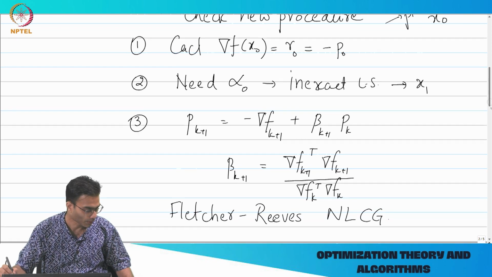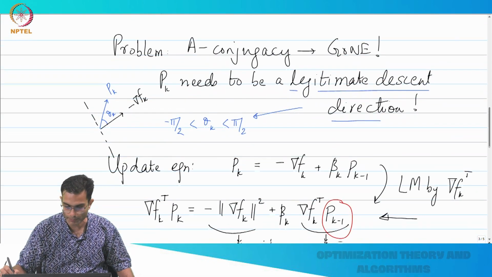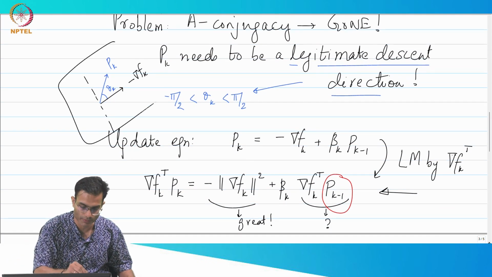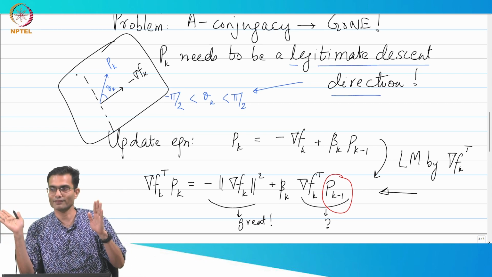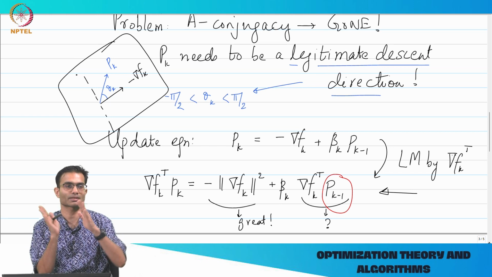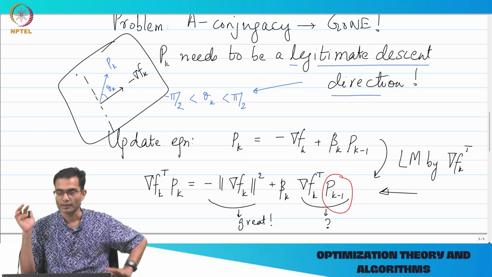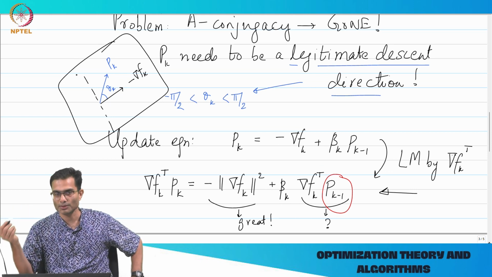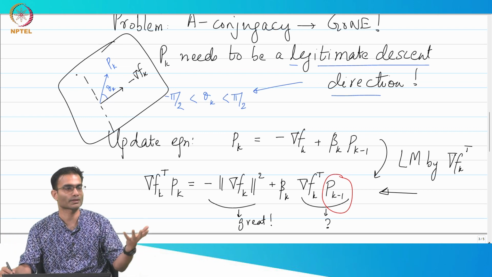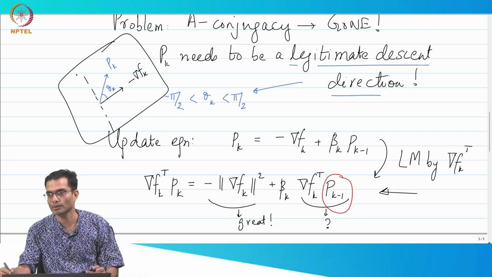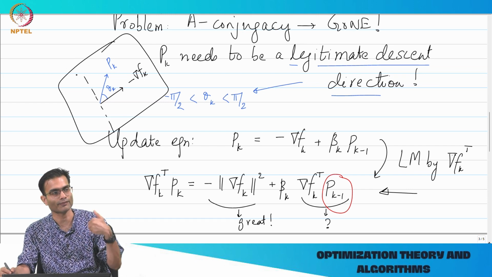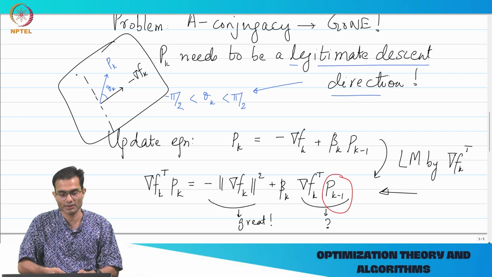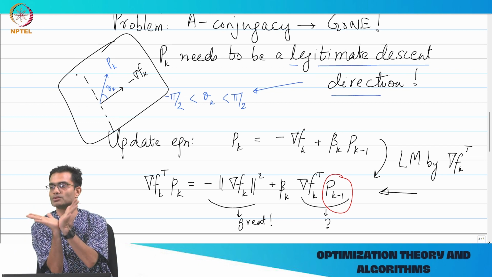Now, when you look at the geometry of pk and minus grad fk, a legitimate descent direction means that this angle should be acute. It is observed in many problems, and I am giving you an empirical observation, not a proof, that if you take this Fletcher Reeves method, after several iterations this angle theta k tends to pi by 2.